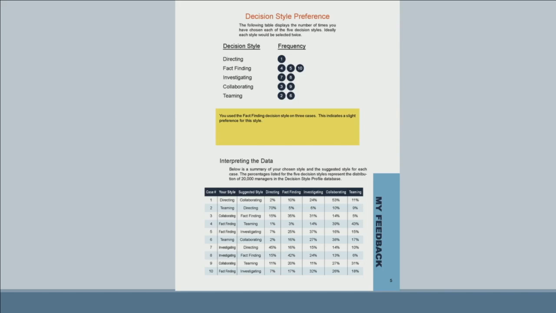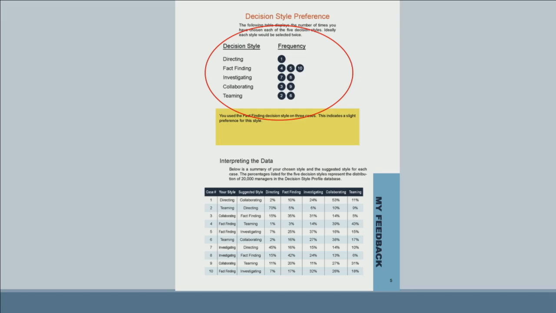So when you take the DSP, there are two tailored data pages that you get, and the first thing it does is ask you 10 questions. The assessment itself is 10 cases that you read, and how would you decide which one of these 5 you would actually use?